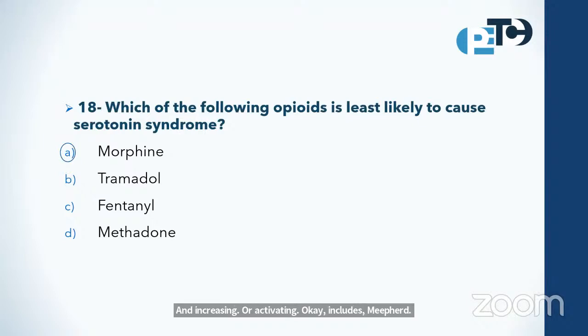Other opioids that can cause serotonin syndrome are those that interact with other serotonergic medication, such as antidepressants and migraine medicines. These include fentanyl, oxycodone, hydromorphone, morphine, or hydrocodone. So in this case, morphine is the opioid least likely to cause serotonin syndrome among the options present.